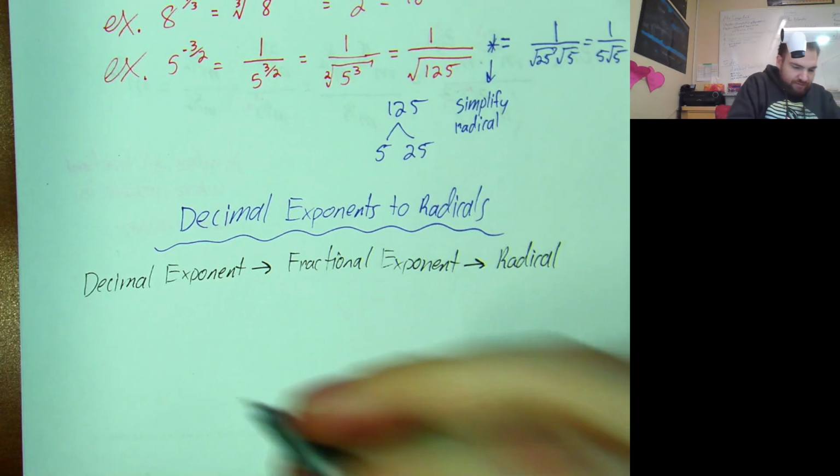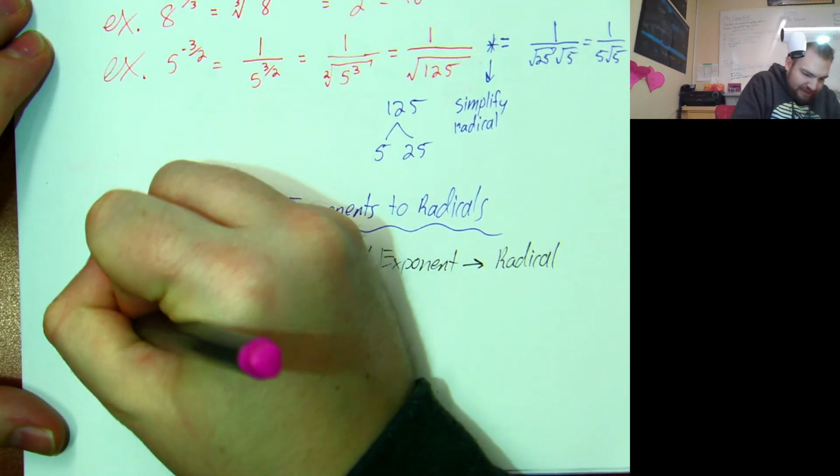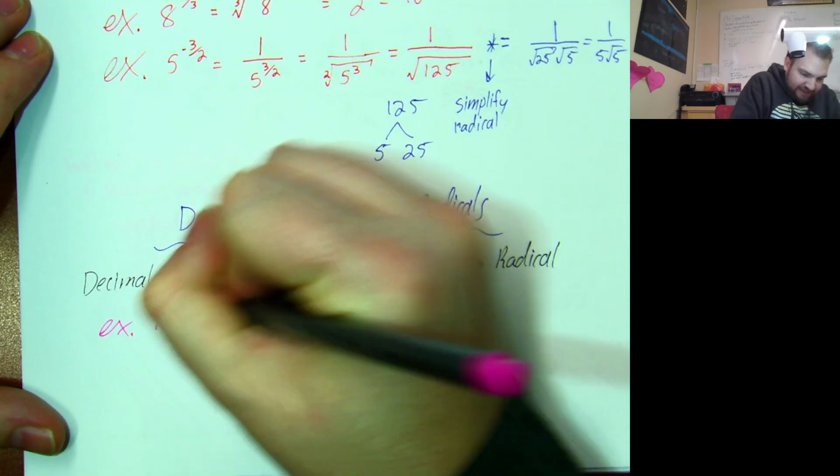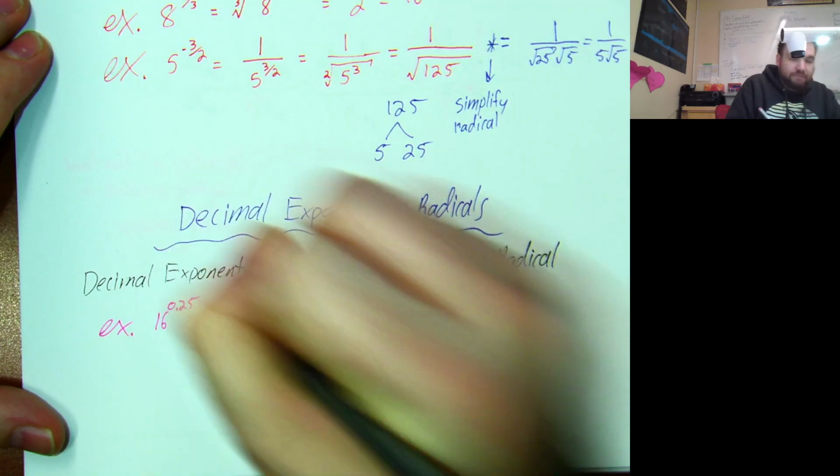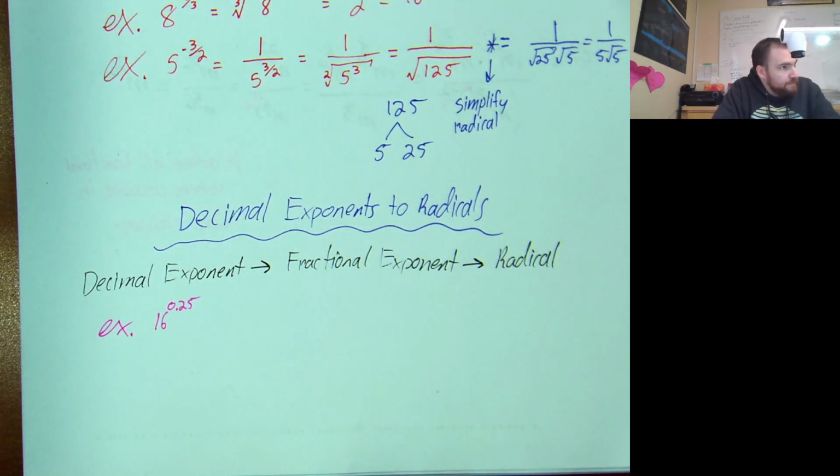For example, 16 to the 0.25. Carolyn, 0.25 is what as a fraction? It's a quarter, so it's 1 over 4.